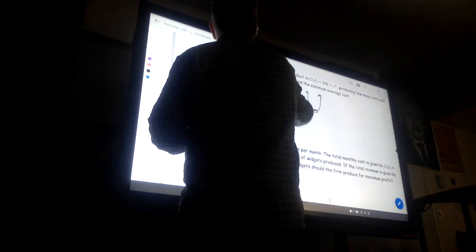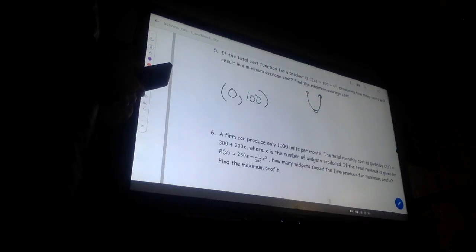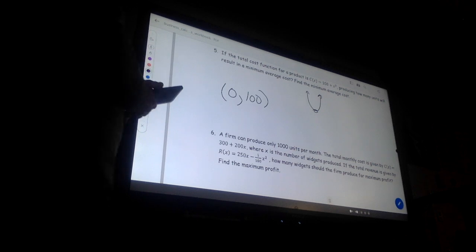Oh, I could have just done that. So it's kind of goofy. If I produce 0 units, I'm spending $100. So that's my minimum value, which is kind of goofy. It's like, well, duh, if I make nothing, then it's still going to cost me something to buy the product that I have to use in order to make it.